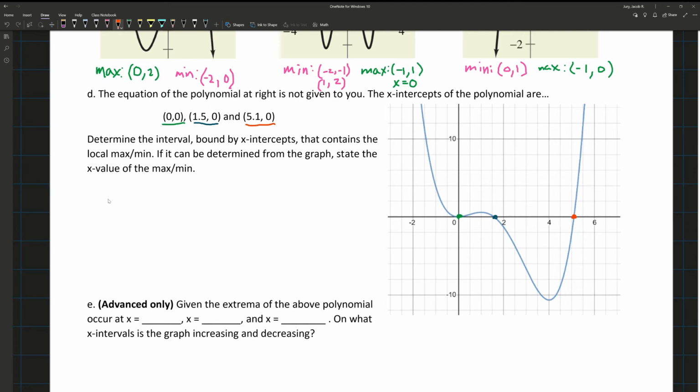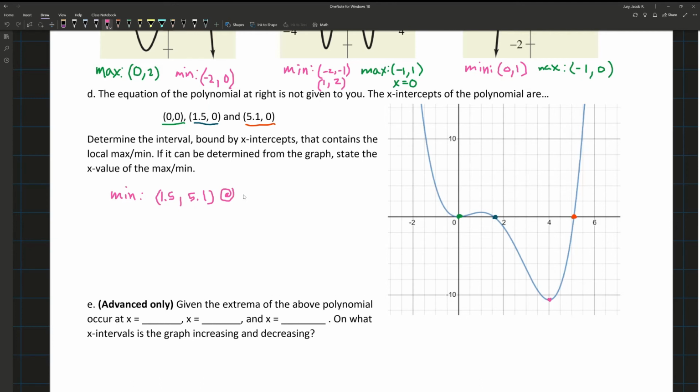So same deal. The max, I should say min, the minimum occurs between 1.5 and 5.1. So that's a local max, or sorry, local min.